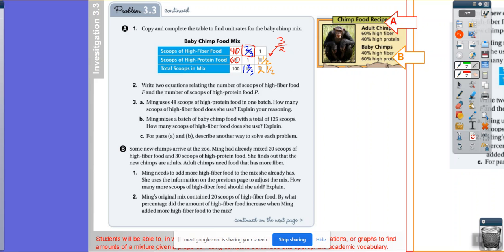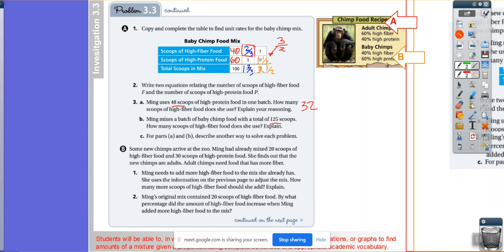Okay, great. All right, so shout out the answer here. Ming uses 48 scoops of high protein food in one batch. How many scoops of high fiber food must she use? 32. Okay, and we'll go over some of these more. I just want to make sure we have the answers good.